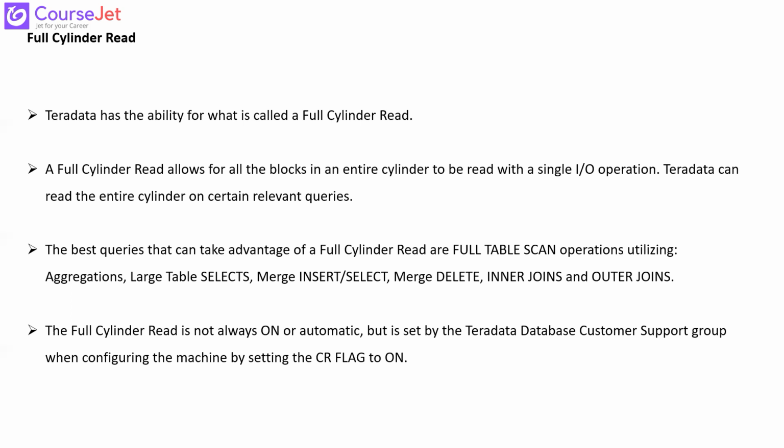When one cylinder is read, all the blocks can be read at a time. These full cylinder reads are mainly used for aggregations, large table selects, merge insert, merge select, merge delete, inner joins and outer joins. So instead of reading block by block, it can read by cylinder, and the operation will be faster.